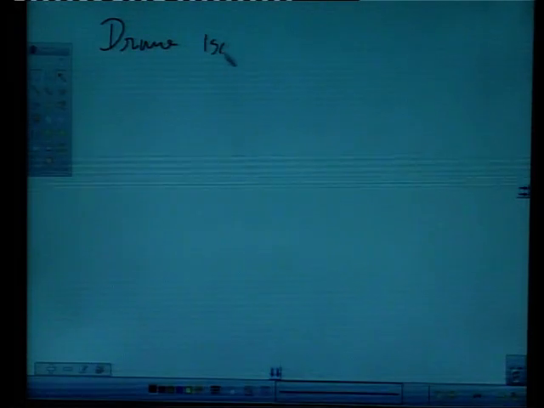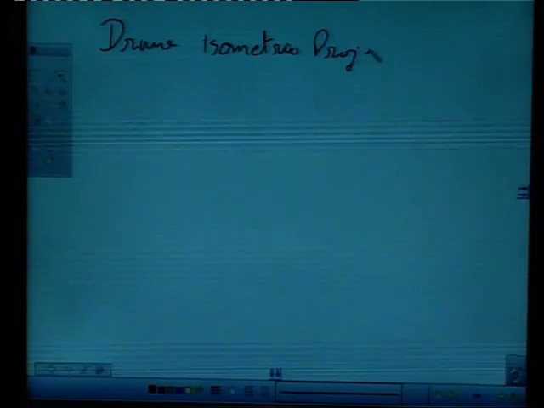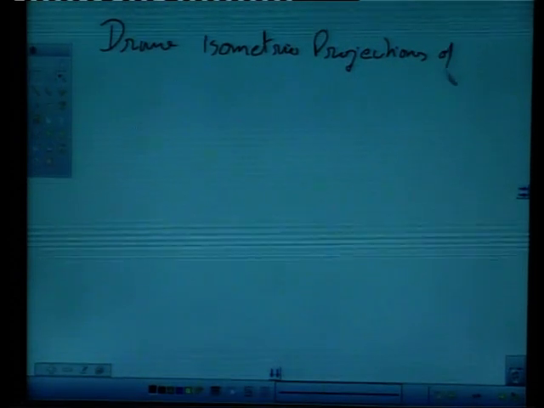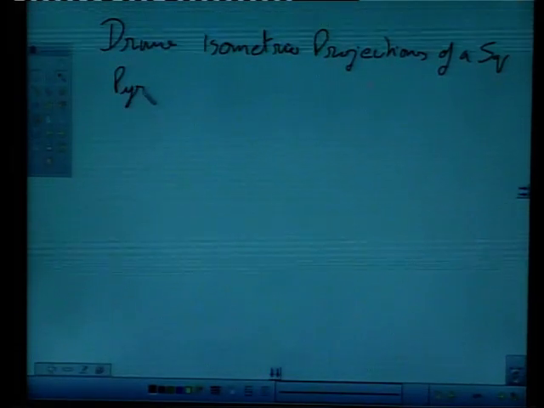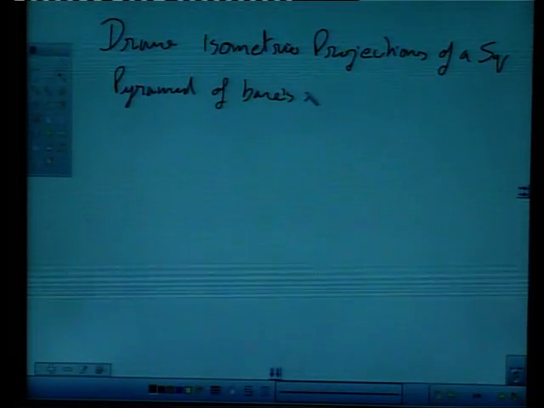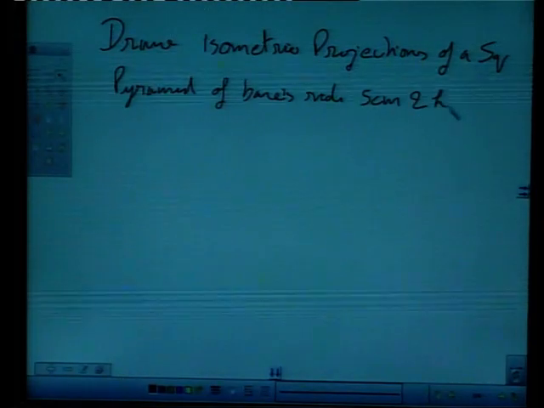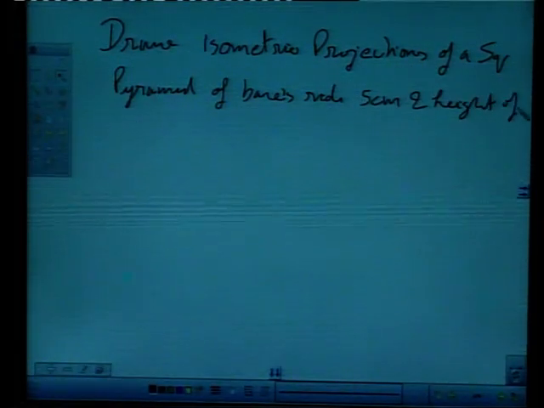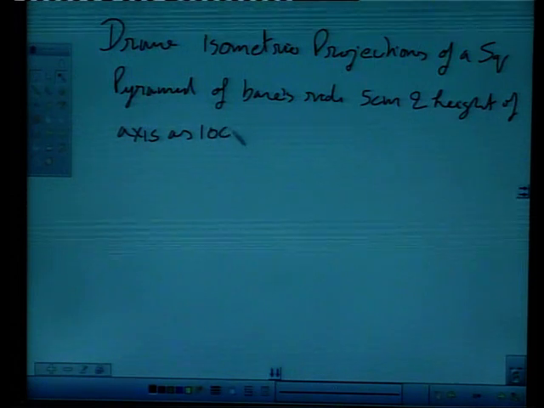Say in exam there is a question like this: draw isometric projections of a square pyramid of base side say 5 centimeter and height of axis as say 10 centimeter, right.